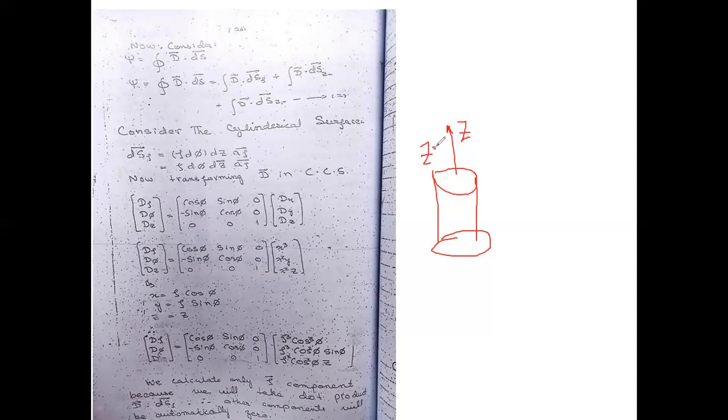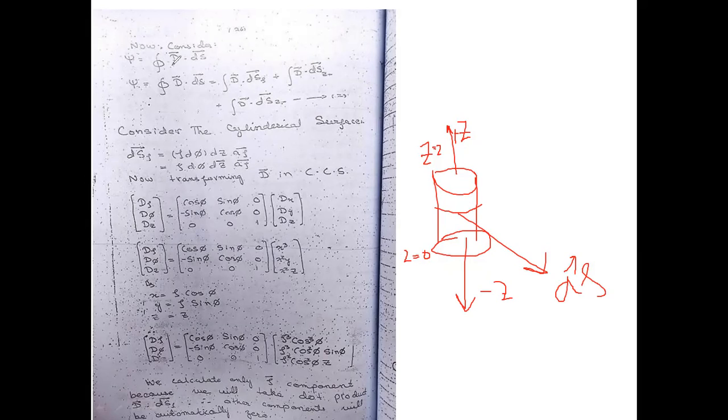This one is in the z equals 0 plane, or we can say it is in the direction of minus z. And the third surface is this curvy surface, which is in the direction of rho. So we have only these three surfaces. That is why it is simpler than the previous one.